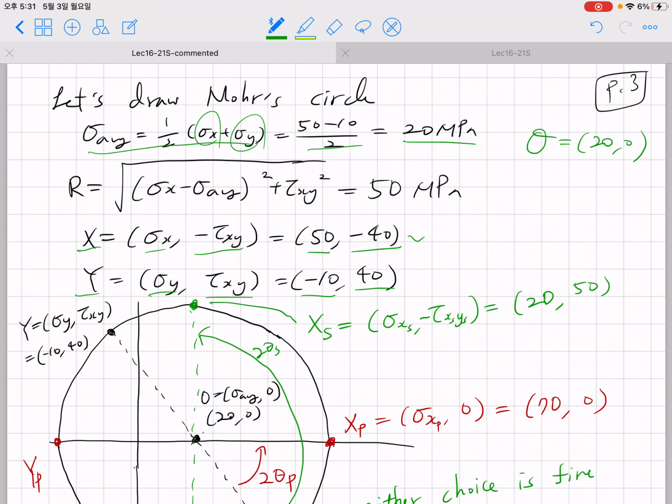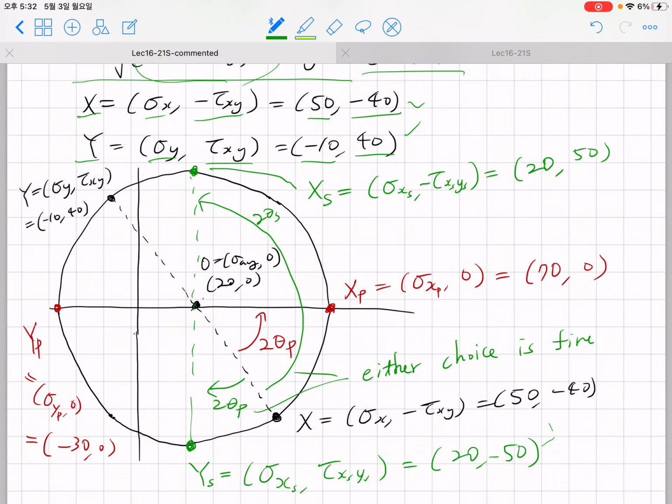Okay, so these are 3 points that lie in one line, and out of these 3 points we can make the Mohr circle. In addition, we can obtain the radius of the Mohr circle from the square root of (sigma x minus sigma average) squared plus tau xy squared, and it gives us 50 MPa.